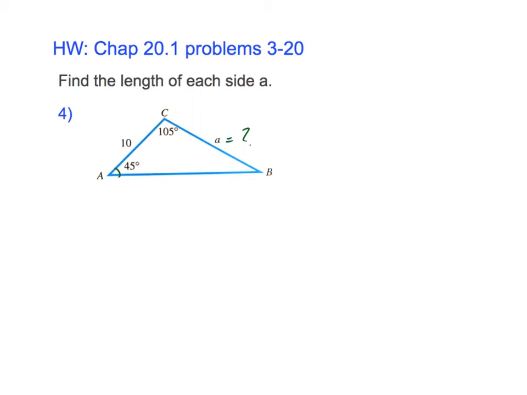Isn't that 180 minus the angles that I'm already given? So what's 180 minus 45 minus 105? Let me grab a calculator, but I believe this would be 30 degrees. So I know that the angle B is 30 degrees.